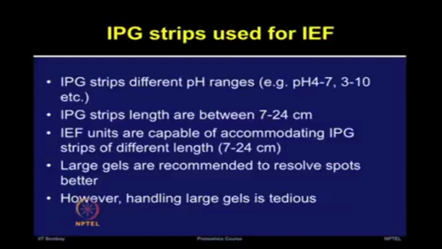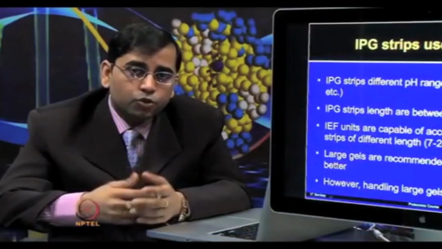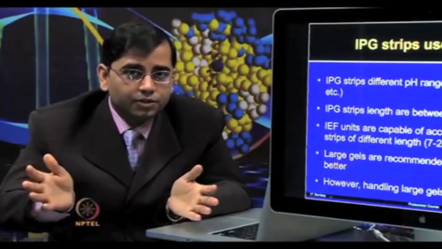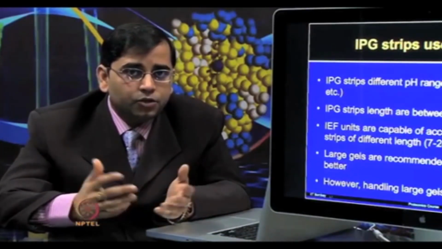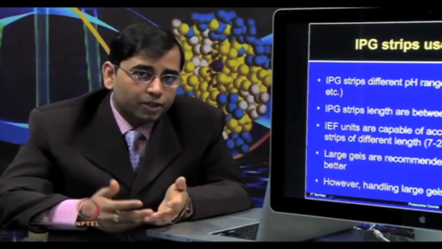Now, depending on how much protein sample you have in your sample mixture, it's always a good idea to resolve that on very large gels. For example, 18 or 24 centimeter should be a better choice.